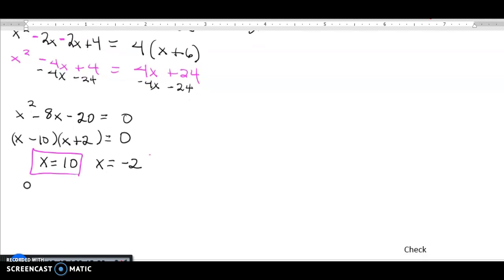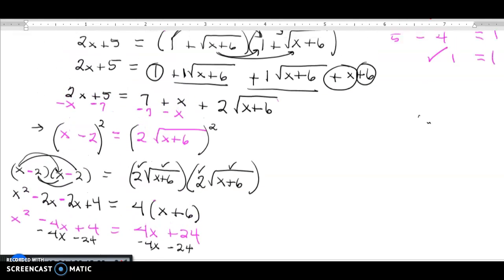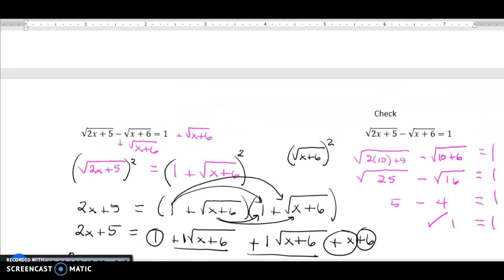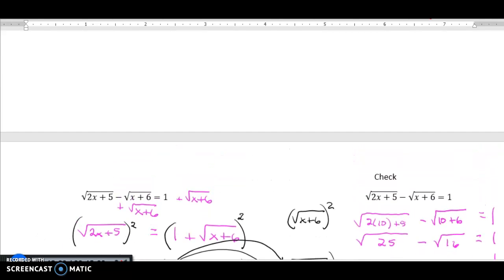Now let's see if negative 2 is a solution. Question mark. We'll see. So we've got the square root of 2 times negative 2 plus 5 minus the square root of negative 2 plus 6, and we'll see if it equals 1. So that is negative 4 plus 5 minus the square root of, that would be 4.